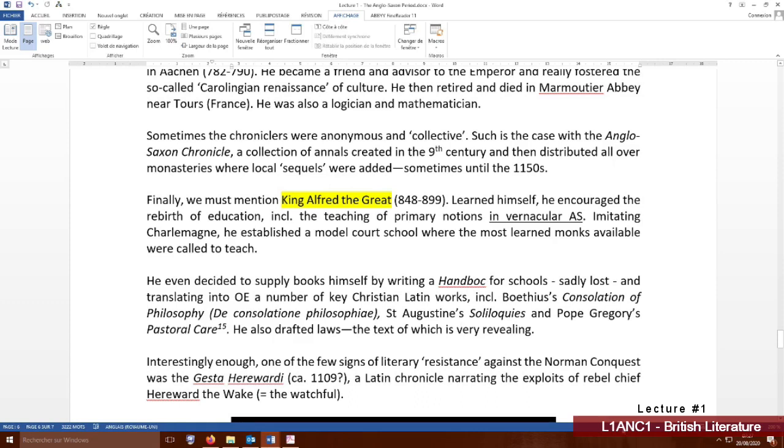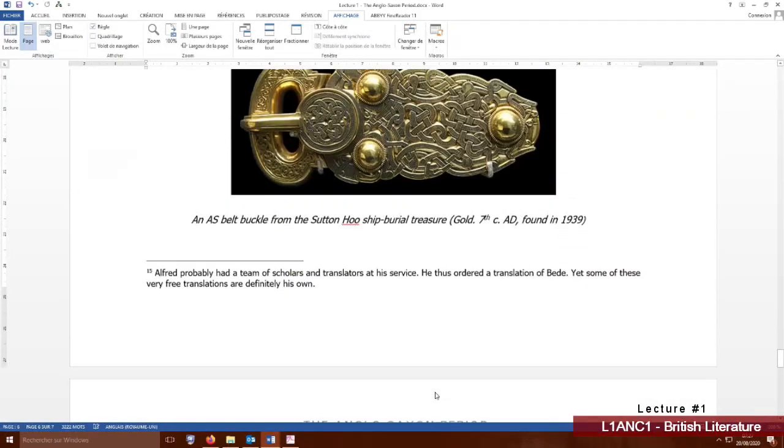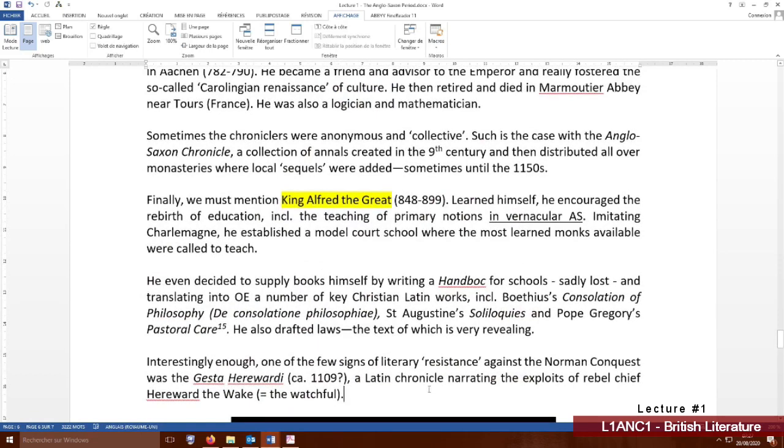Now, after the Norman Conquest, this will be the starting point of our next lecture, we have a persistence of chronicles, still written in Latin, but sometimes narrating the heroic exploits of, that's anachronistic, but what you might call people resisting the Normans.